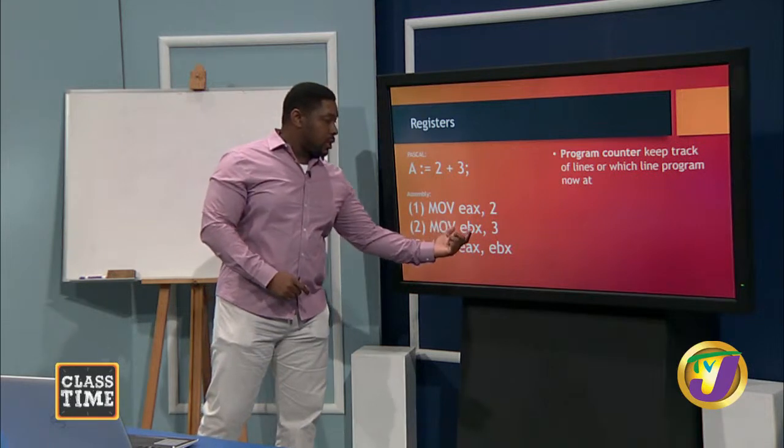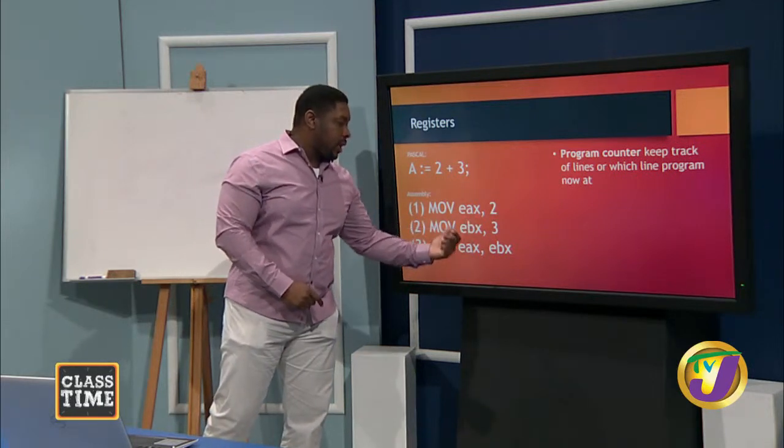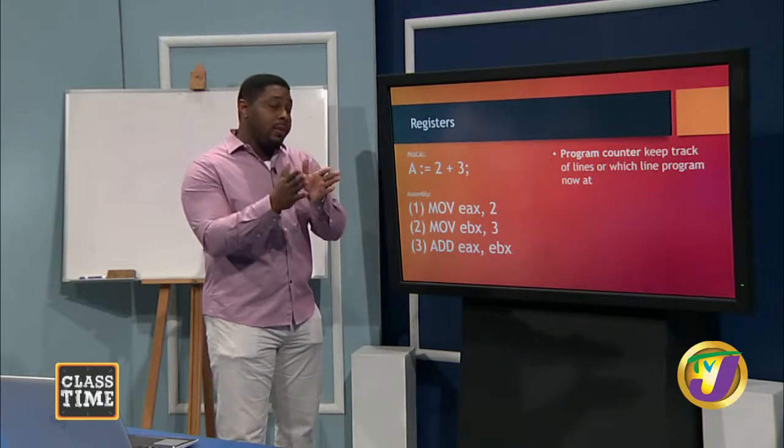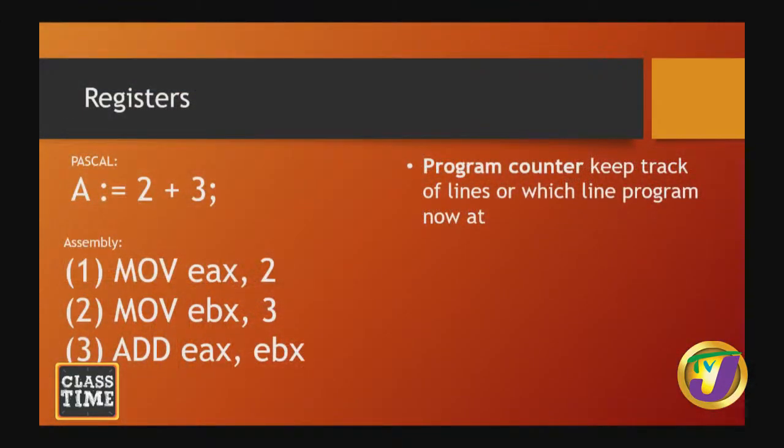And then, of course, these EAX and EBX are actually specific registers with a specific name, and those will store the actual information. Just as we're seeing here, 2 is being moved to one register and 3 is being moved to another register. So inside of your CPU, these values are being switched in and switched out as a program is executed.